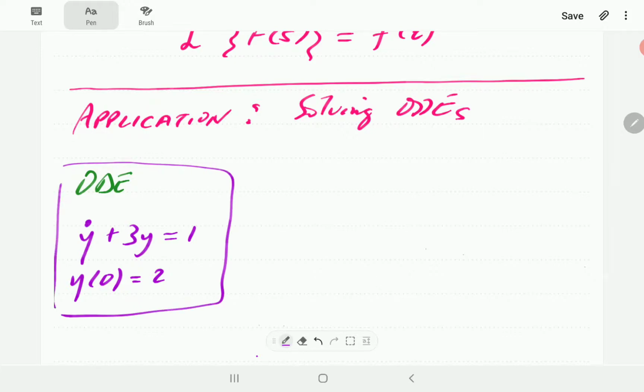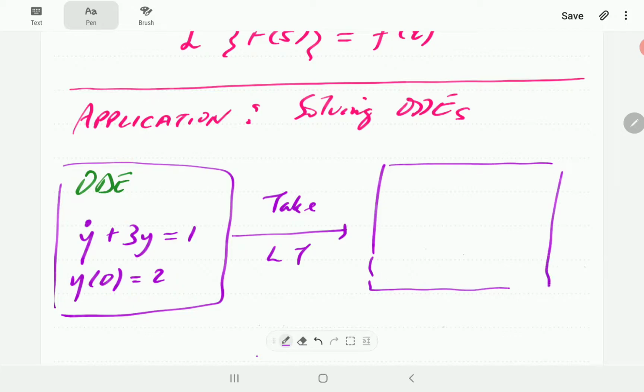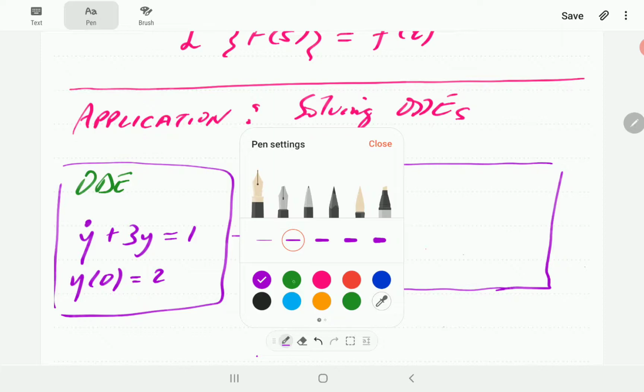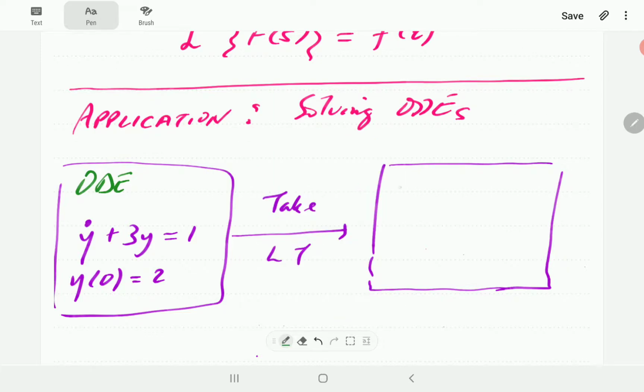If we start off with this, we can take the Laplace transform of the ODE. When we do that, the Laplace transform converts or transforms the ordinary differential equation into an algebraic equation.